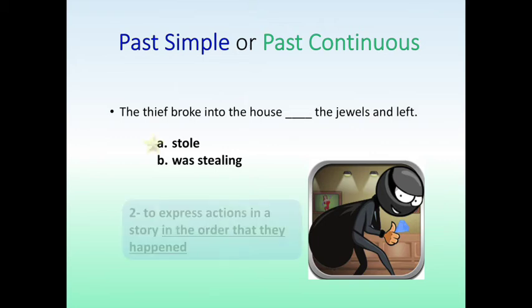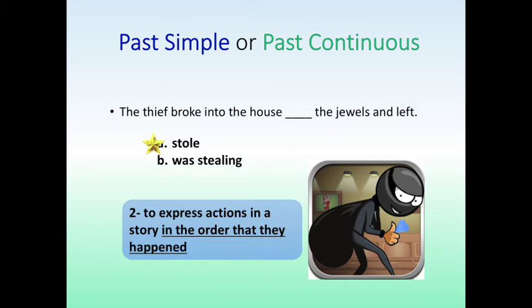Here, we should use past simple, stole, because this sentence is expressing past actions in the order that they happened. First, he broke into the house. Second, he stole the jewels. And third, he left. So all of the verbs are in past simple.